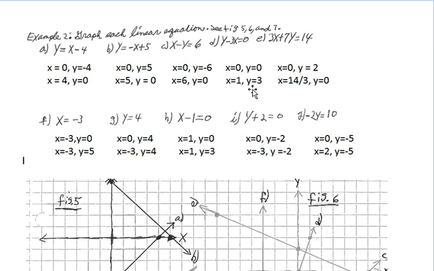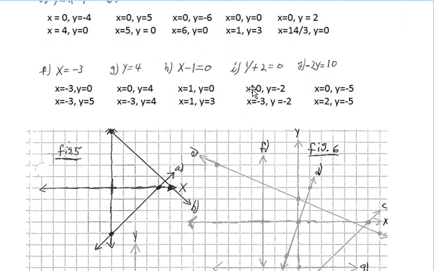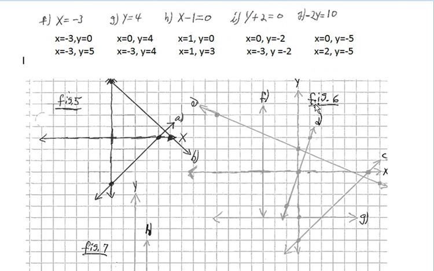Consequently, we need at least 1 more point. So this time I'm going to assign x a value of 1, and we find y to be 3. So we have the 2 points, 0, 0, which is the origin, and the point 1, 3, and we'll be able to draw the line. It should be line D, and you can see line D as we have it described here.